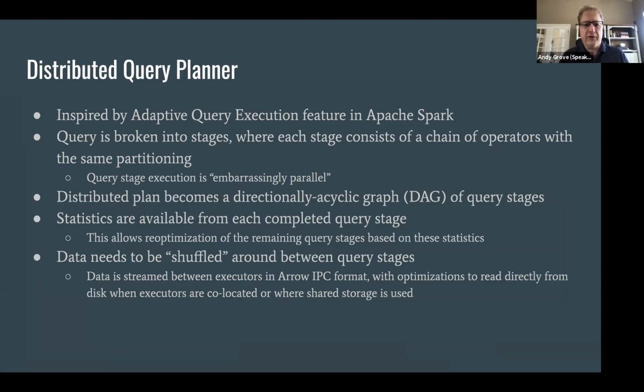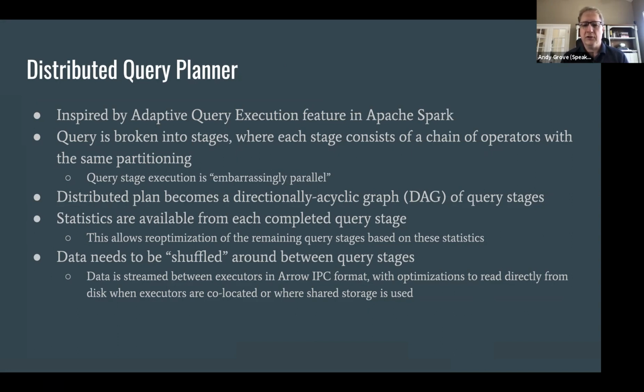Now let's go into a bit of detail about how Ballista actually manages to run distributed queries. And this is really the hard part. This was very much inspired again by Apache Spark, and in particular the adaptive query execution feature that Spark added in 3.0. So you have your initial query plan, the physical plan, and the partitioning can change at different points within your query plan.